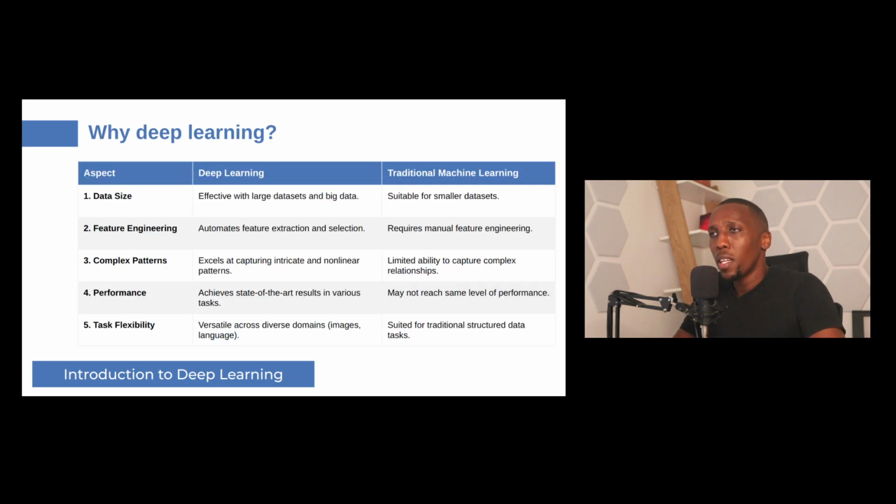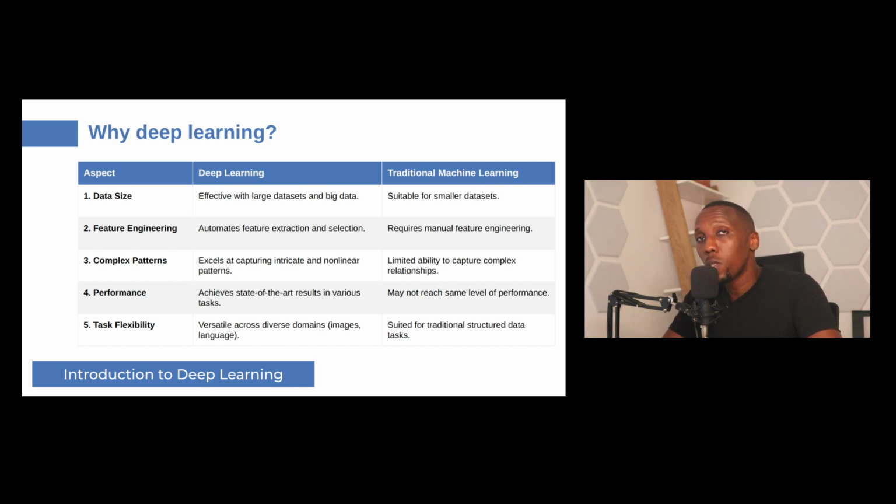So why would we want to consider deep learning? We've already mentioned a bit about this. There's the aspect of data size, when we are working with large data sets, especially when you have lots of data to the point of what is referred to as big data, then you can opt to go for deep learning as opposed to the traditional machine learning approaches, which are much more suitable for smaller data sets.